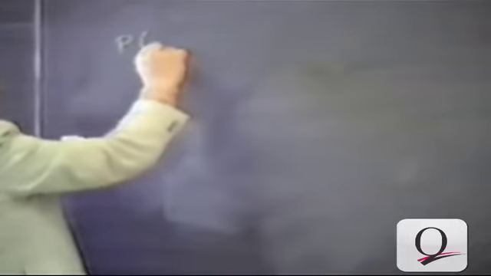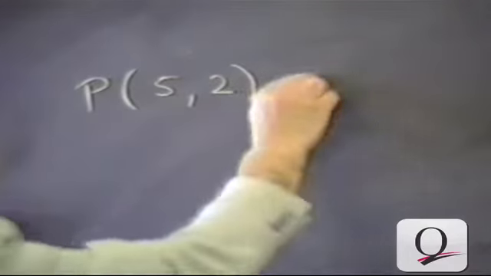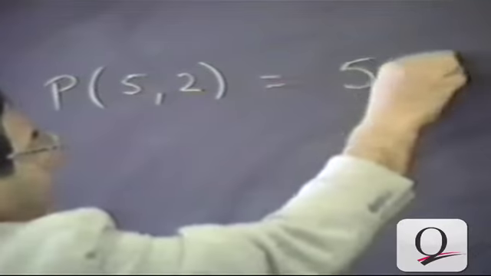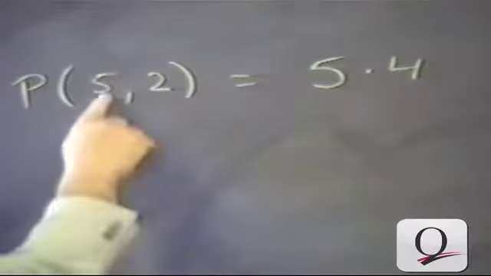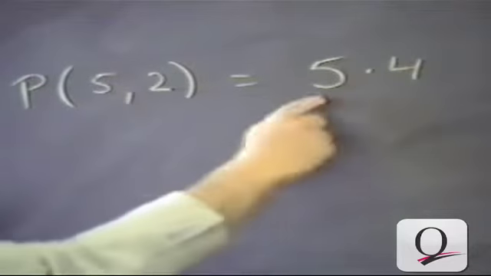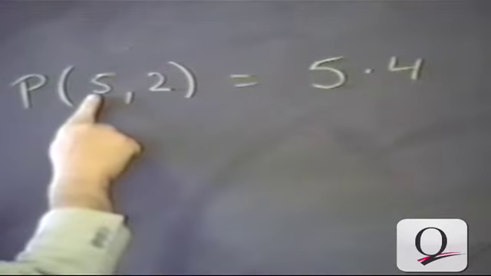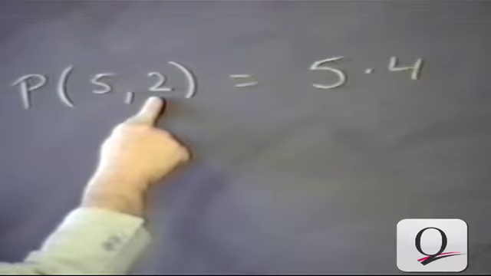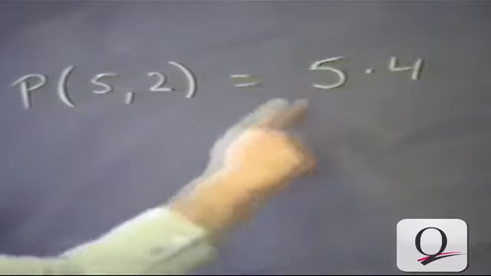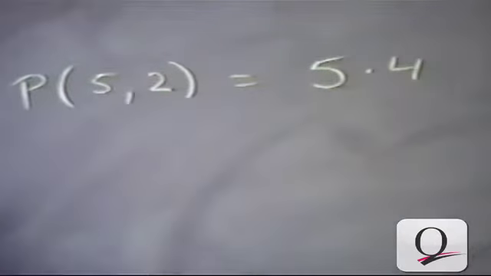Let's say P5,2. That's 5 times 4. Because I have 2 items. I start with 5 and I have 2 items. Or the last term is 5 minus 2, which is 3, plus 1 is 4. That's the last term.